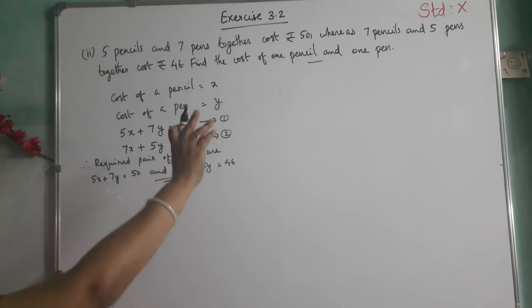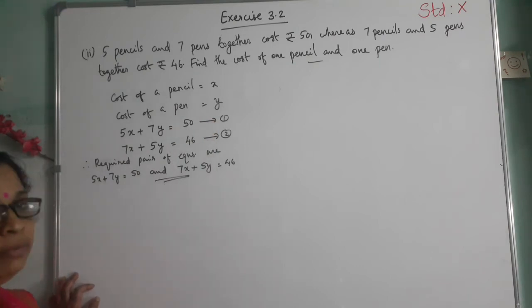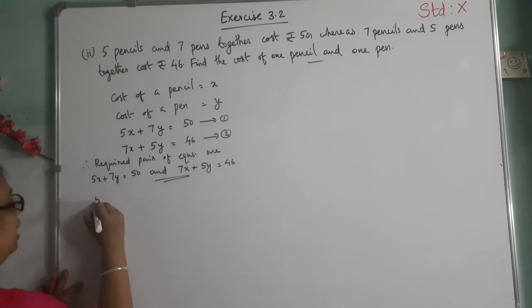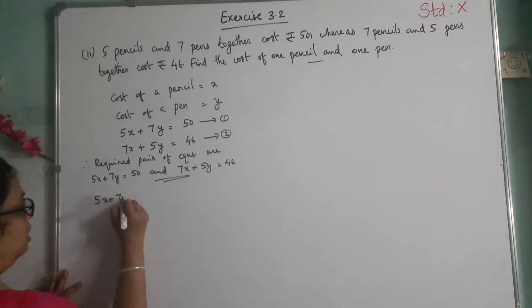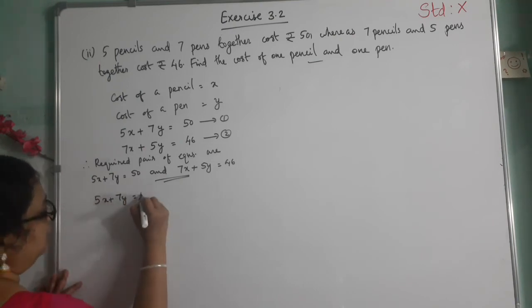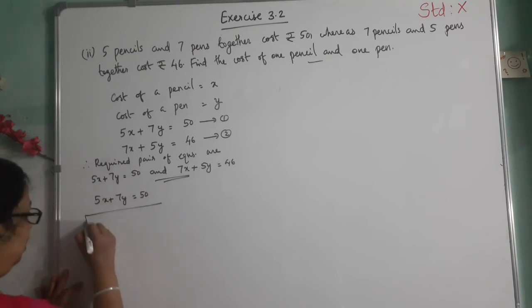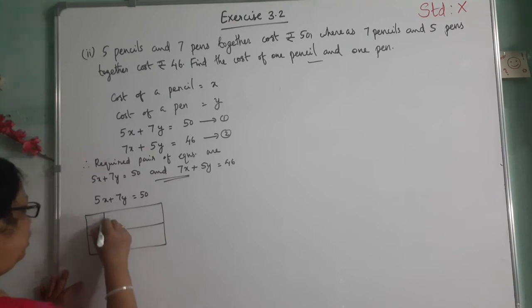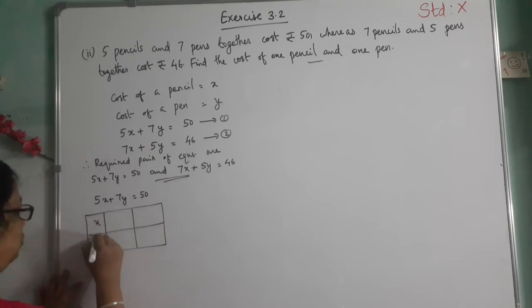Then we can find out the cost of 1 pencil and 1 pen graphically. So for that we find the points for 5x plus 7y is equal to 50. We draw the table and find out points. 2 points we can find out.